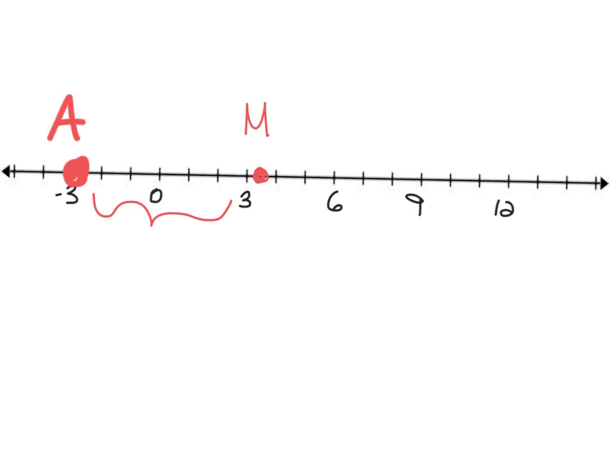This distance is going to be 6.5, so that means if I add 6.5 to this, that's my 0.5, and then 1, 2, 3, 4, 5, 6. That's going to be at 10. So that means my other endpoint is at 10.